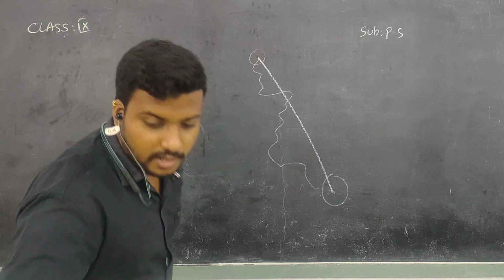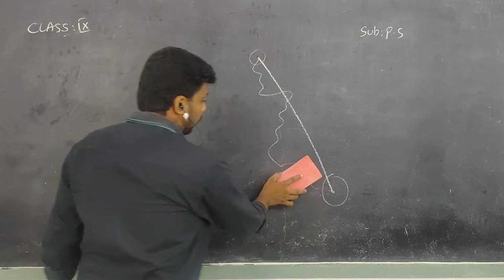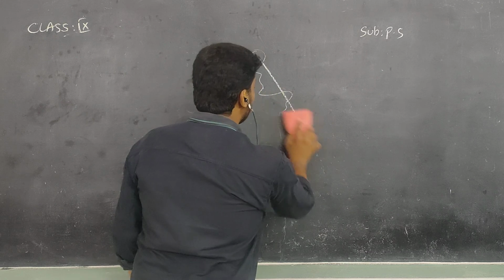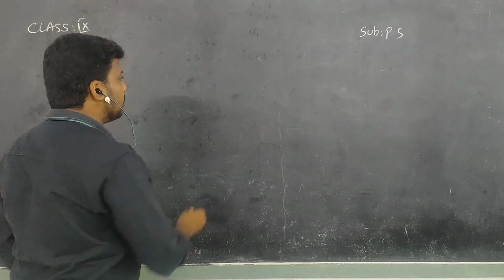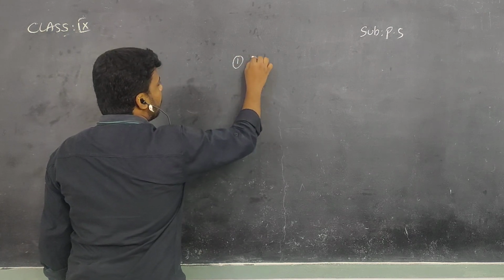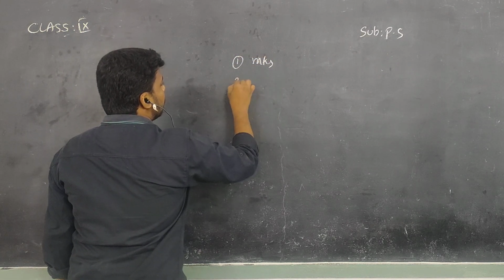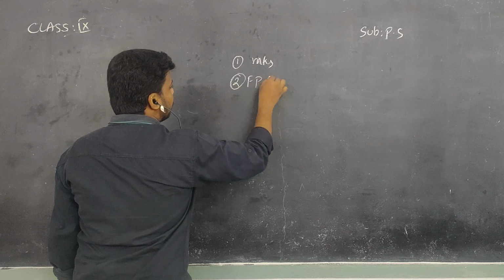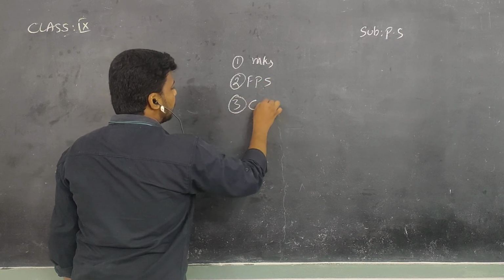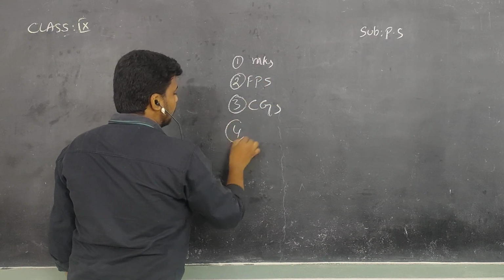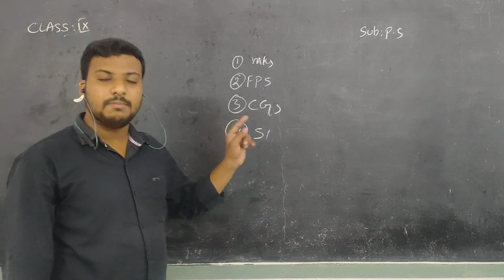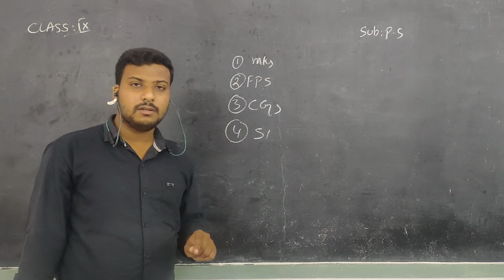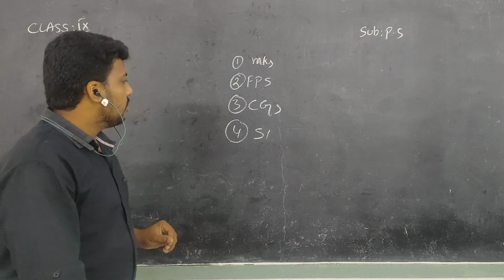You should know there are four physical measurement systems: MKS, FPS, CGS and SI. These are used by everyone.